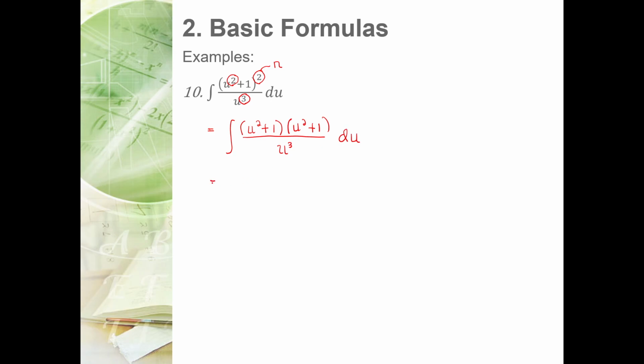Maybe if you only use u sub, then you miss the very basic concept too. So expanding, you have u to the power of 4 plus 2u squared plus 1 all over u cubed du.